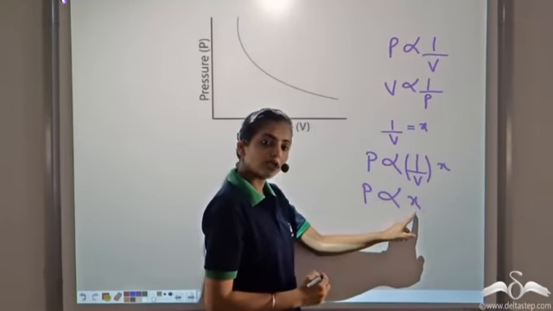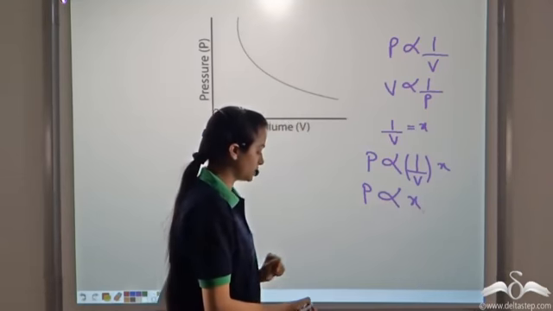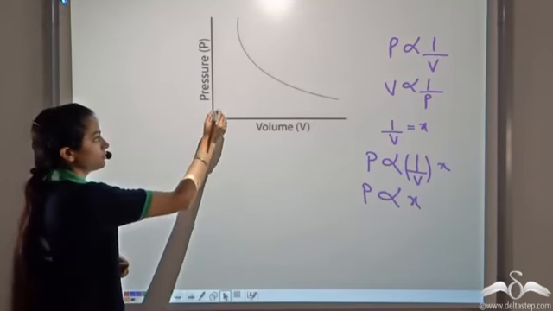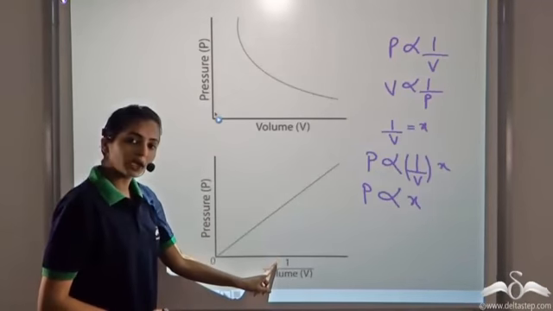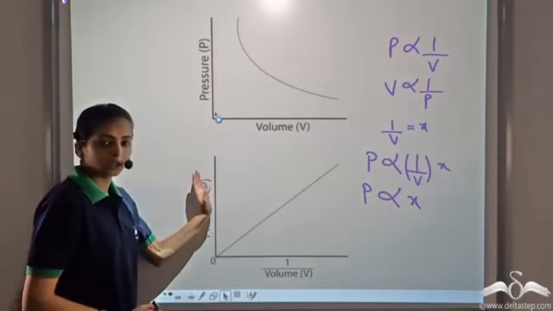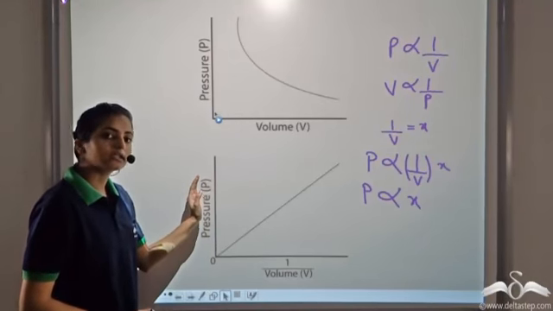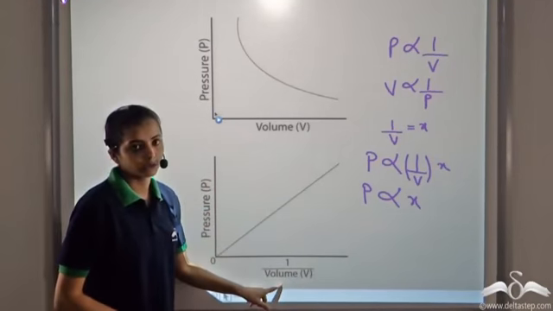If we plot a graph between 1 by volume and pressure, we get a straight line. You see that as 1 by volume increases, the pressure increases. So pressure is directly proportional to 1 by volume.